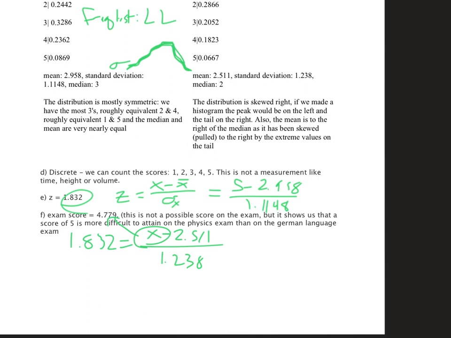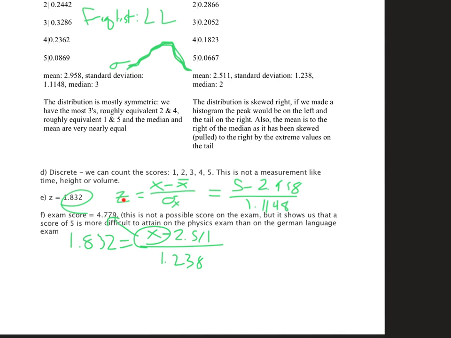And so the z-score there is a little bit lower. And what the z-score is showing you is how many standard deviations you are from the mean, which is essentially a measurement of how extreme a value is, how much different from the mean. And so to get the same amount of difference from the mean on the physics exam, you actually need a slightly lower score.